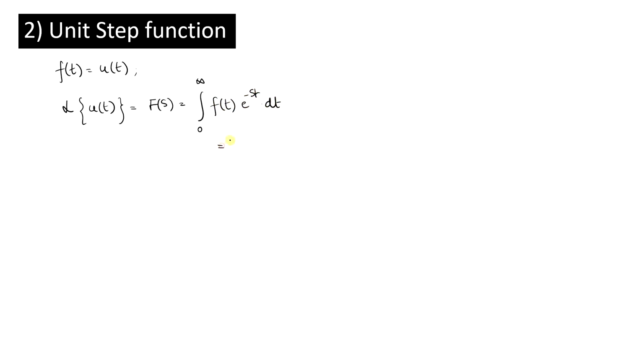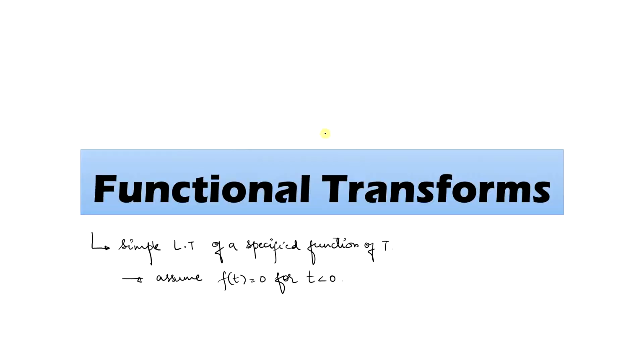So here it is the integral from 0 to infinity of u of t e power minus st dt. If you remember, when we started off with functional transforms, we said that we are considering f of t equal to 0 for t less than 0.